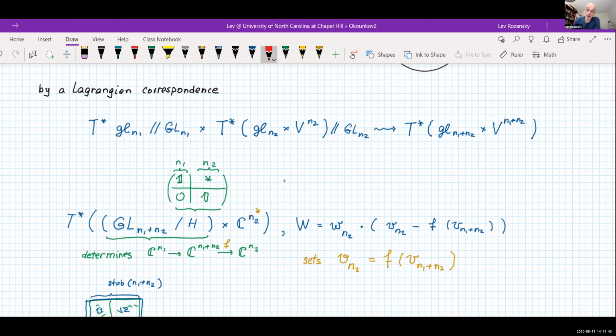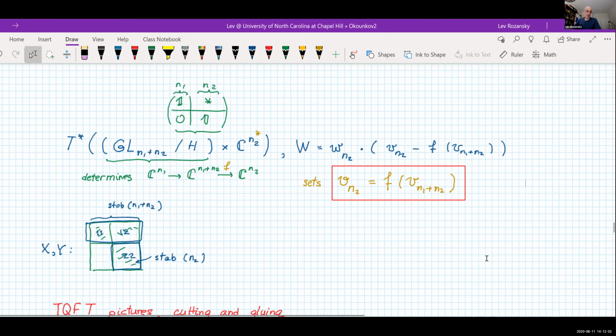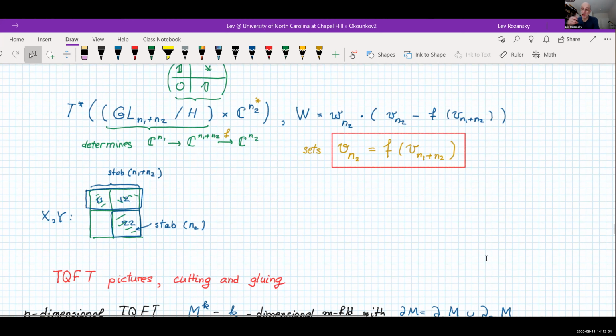You can send the big framing from the big space into the smaller space in the Grassmannian, the quotient space. And this corresponds to the idea that when you do pullback on matrices X and Y to combine N1 strands and N2 strands, you want to impose stability condition eventually.